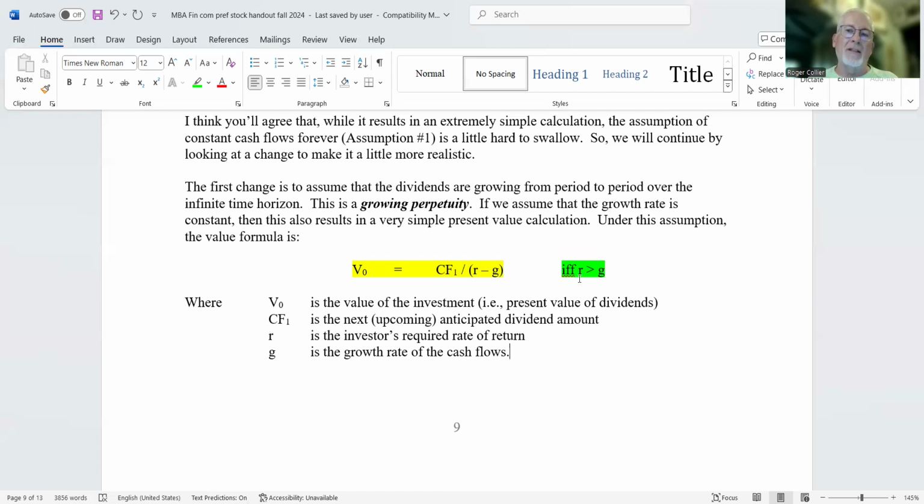So if R is less than G, the formula doesn't work anymore. It doesn't make sense anymore. My sisters and I can't get to the bottom of the escalator. It keeps pushing us up to the top.